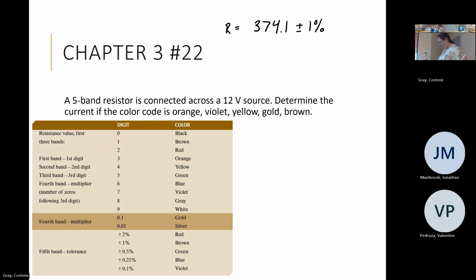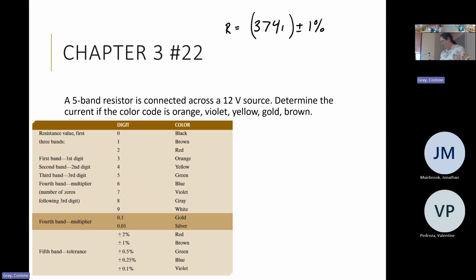Oh, sorry. Sorry, the 4th band is a multiplier. I did that wrong. It's not a 0.1. The times 1. Look, something weird like that for it. Right, because it says 4th band multiplier, number of zeros following the 3rd digit.